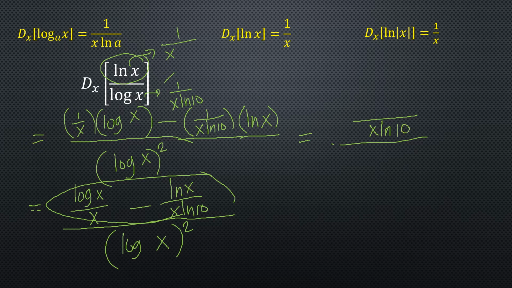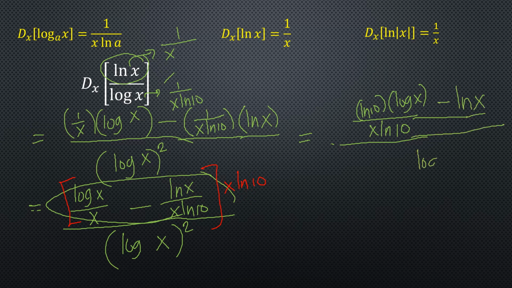Now multiply x ln of 10 to the entire numerator. Now we have ln of 10 times logarithm of x minus ln of x over the logarithm of x squared.